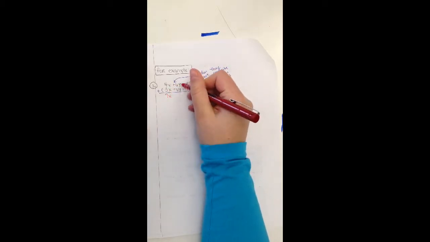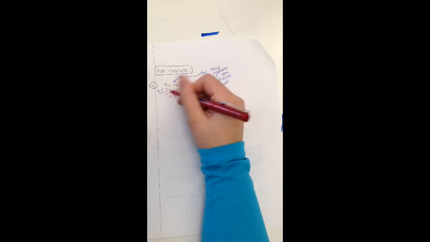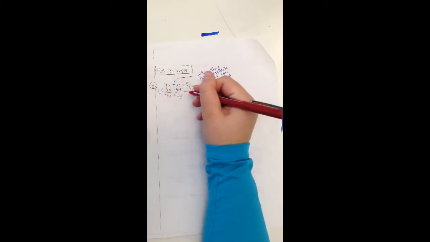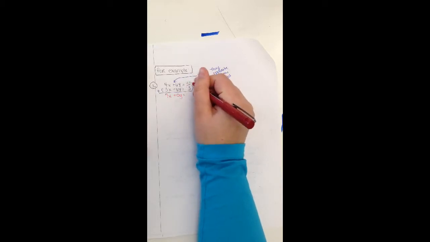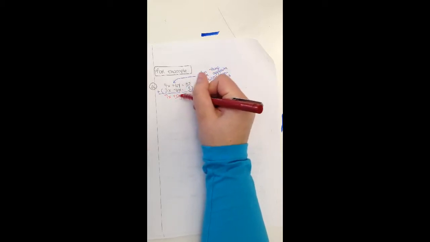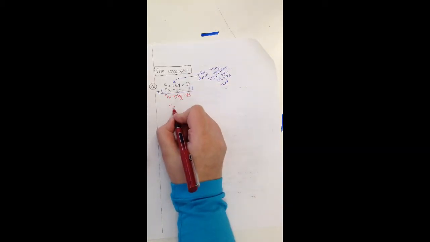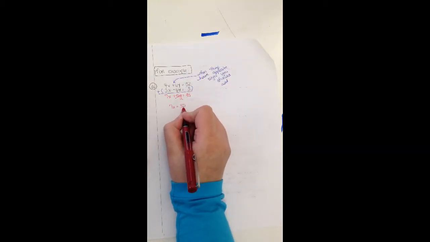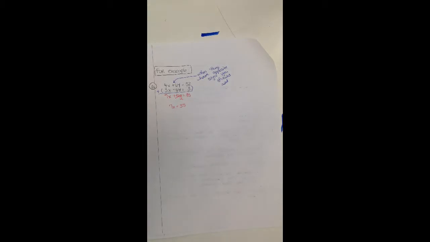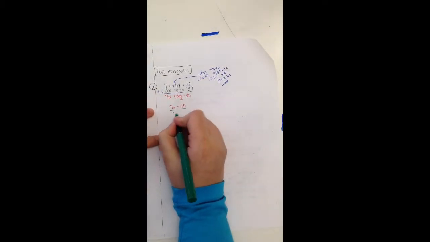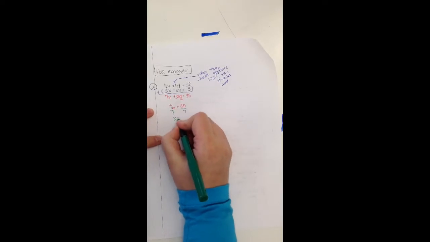Now I have positive 6y plus a negative 6y, which is just positive or plus 0y, equals, and then 32 plus 3, which is 35. Now I know that 0y is just 0 and it can just be crossed out. Now I have 7x equals 35. I can solve that by using division. Divide each side by 7 and I get x equals 5.